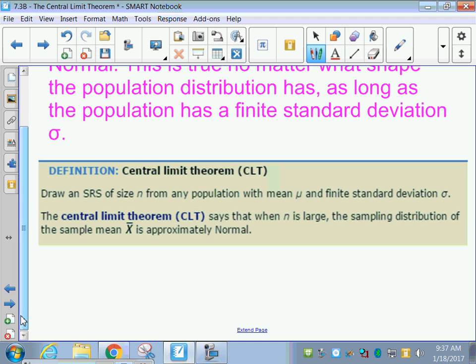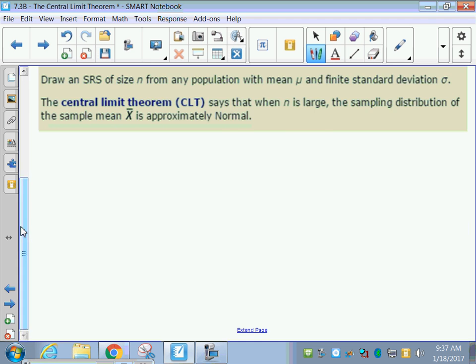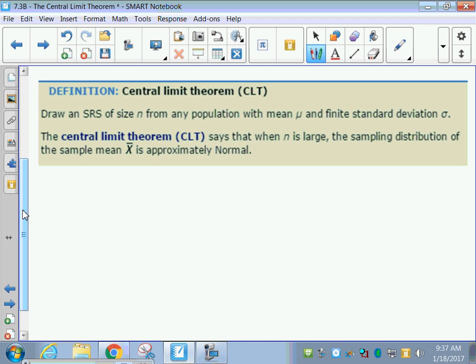So this is called the central limit theorem, which you should write down. Draw a simple random sample of size n from any population with mean mu and finite standard deviation sigma. The central limit theorem, CLT, says that when n is large, the sampling distribution of the sample mean x bar is approximately normal.